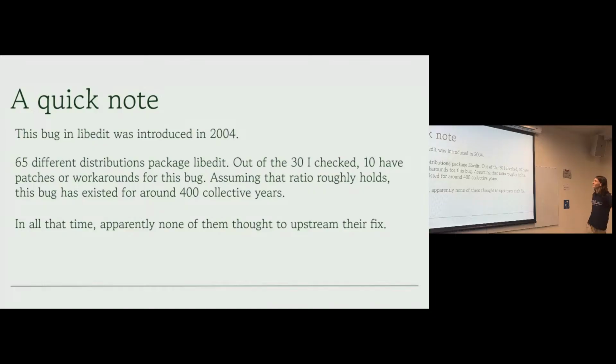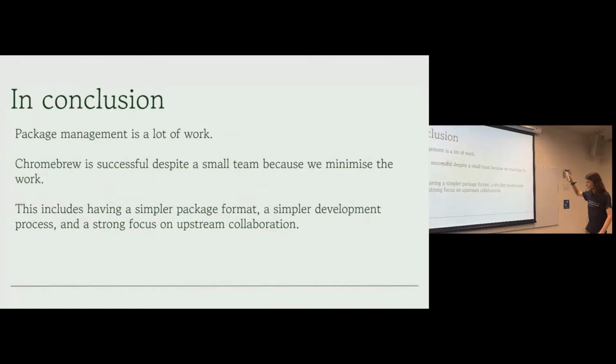It's not that hard. In conclusion, I'm going too fast. Anyways, in conclusion, patch management is a lot of work. Chromeboot is successful despite a small team because we minimize the work. It includes a simple package format, which we covered earlier, Debian, 8 slides, Chromeboot, 1 slide, a simpler development process, 1 pull request, no 89-page manual, and a strong focus on upstream collaboration.